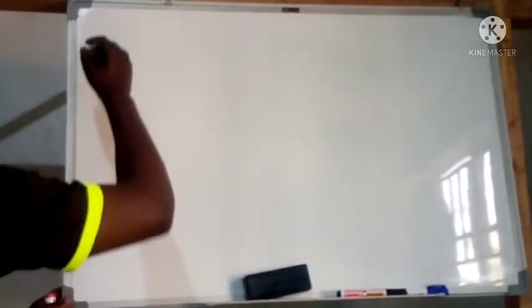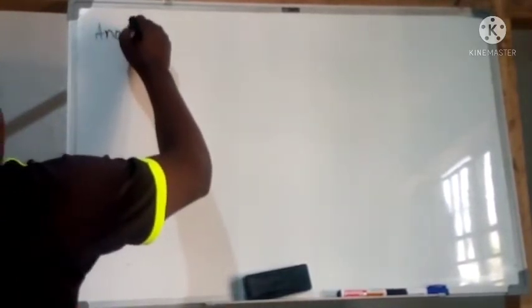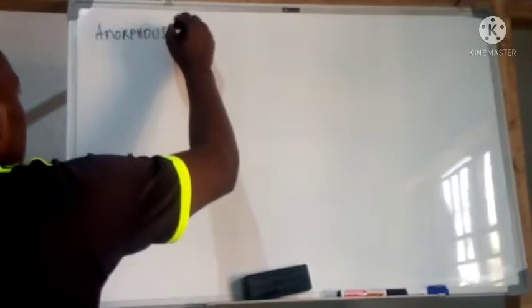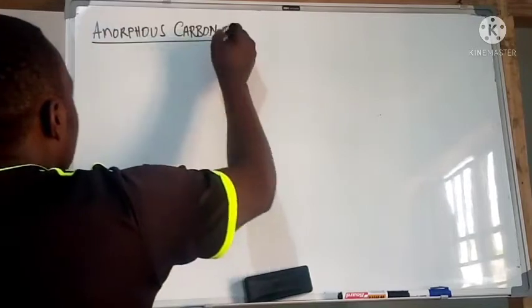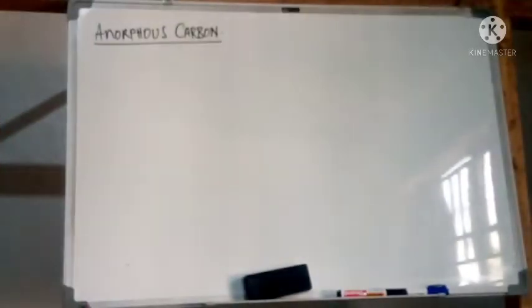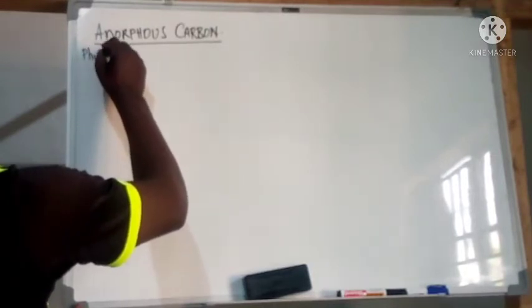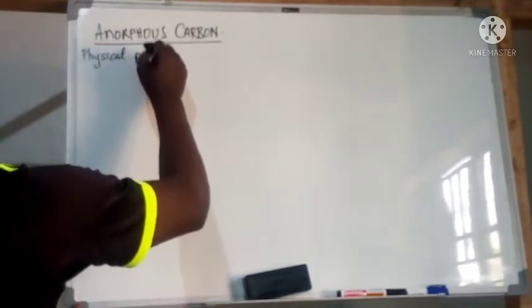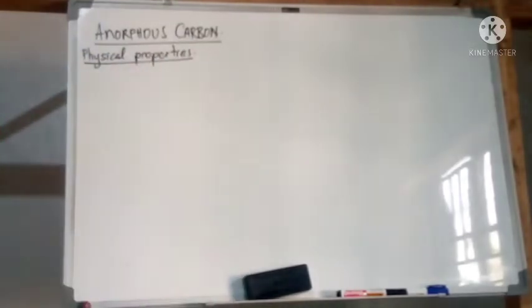As we continue, we look at the third allotrope of carbon, which we called amorphous carbon. What are the physical properties? Just like we've seen for the previous allotropes of carbon.